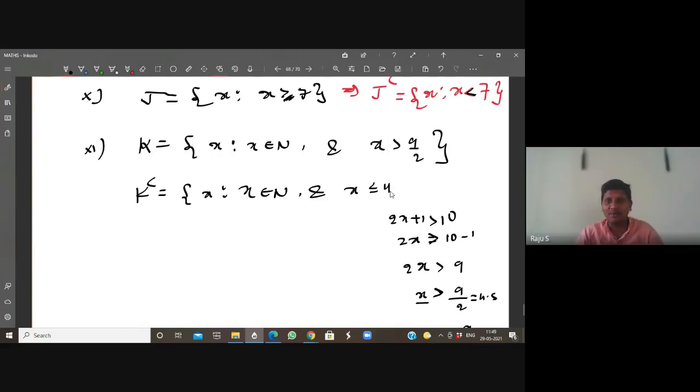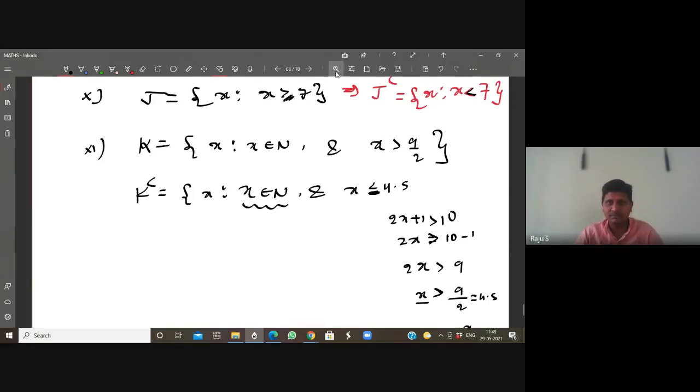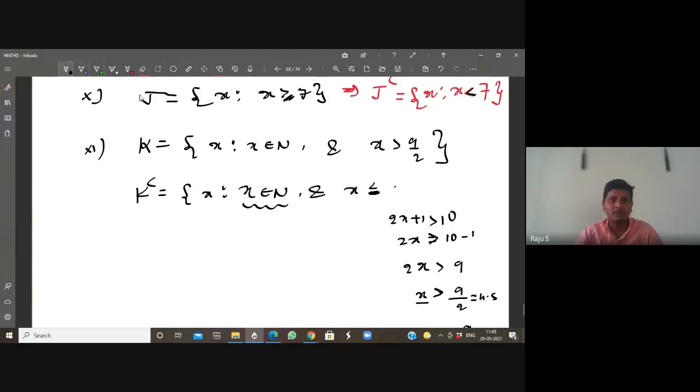One student asked a very nice question: if you take equal, 4.5, here we are saying that x is a natural number, but is 4.5 a natural number? No, wrong. So what should we take? Lesser than 4.5, what is the natural number? 4 alone. So the answer will be 4. Very good.